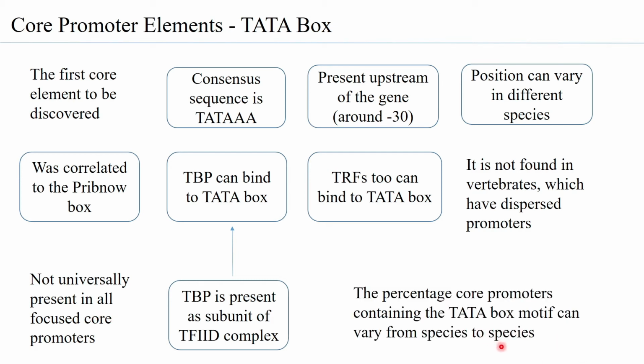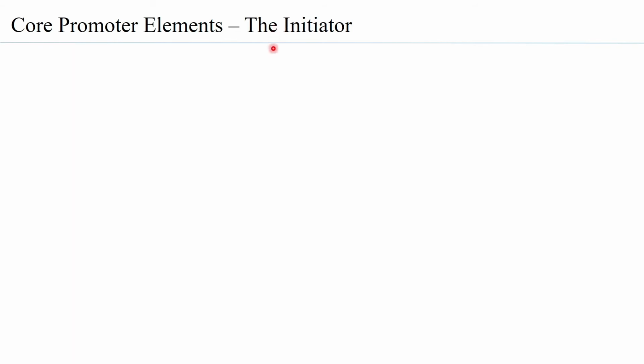For example, humans have a certain number of focused core promoters, and even within those, only a certain percentage actually have a TATA box motif. So its presence depends on the promoter itself and the gene it is associated with. But what has definitely been observed is that the TATA box as a motif is associated with the focused core promoters.